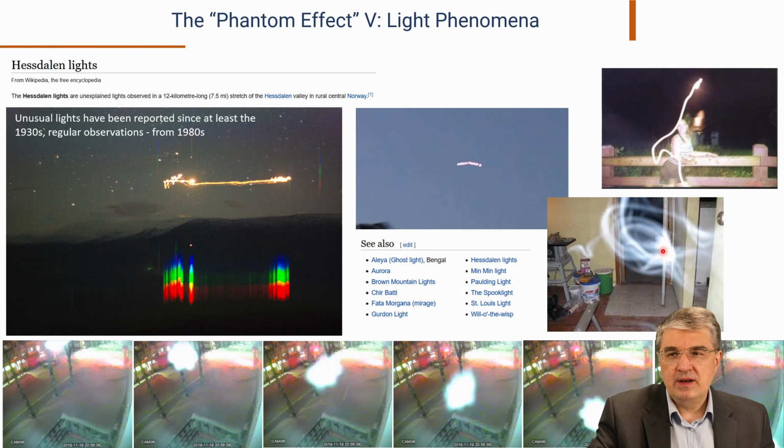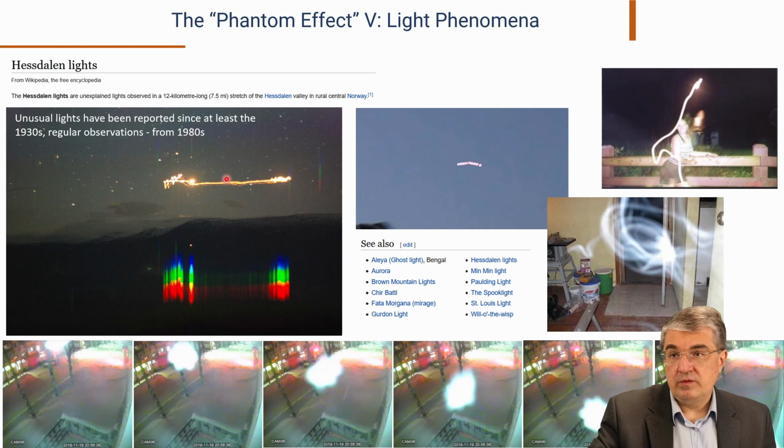I was originally skeptical about this, because if you put some lights in front of your camera and move it a little bit fast, you will see something like a blurred light movement. But finally, when I learned more about the light effect and specific geographic locations, I was a little bit more convinced about the existence of this phenomenon.